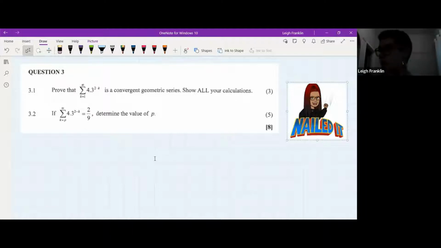What are they actually asking us to show? What does the question mean for us? What does a convergent geometric series have that nothing else has that we could use as a definitive characteristic? Anybody know?